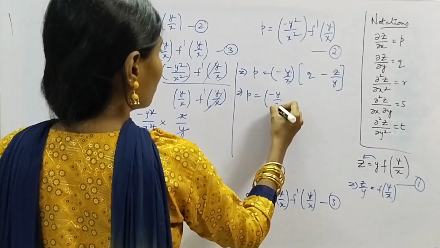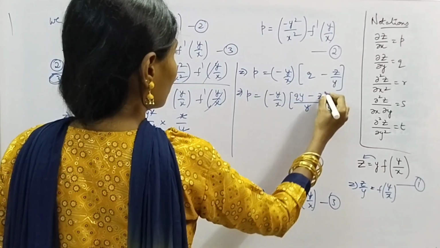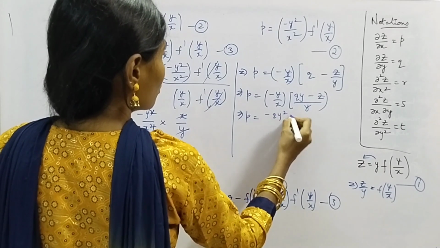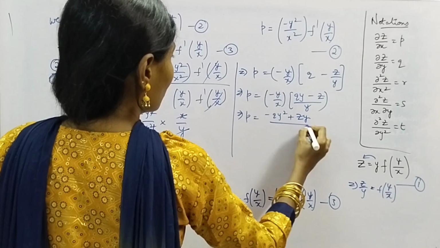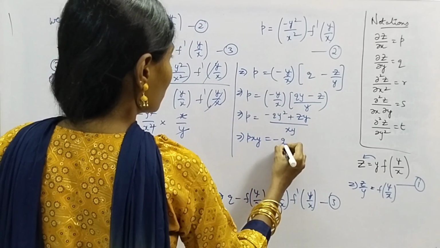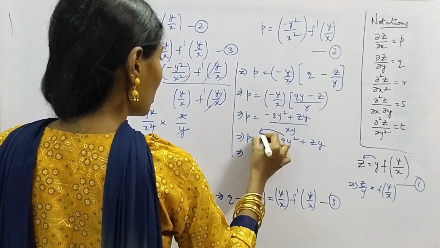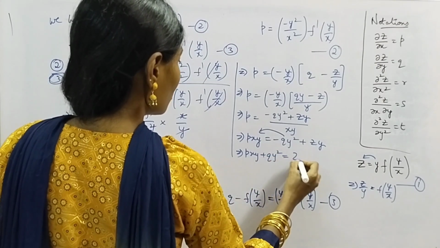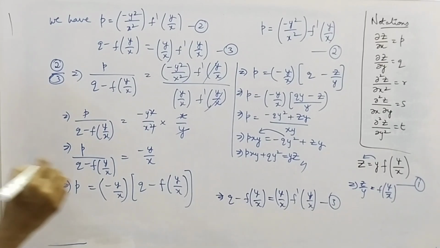This gives us pxy equal to minus qy square plus zy. Now bring this term to LHS, you'll get pxy plus qy square equal to zy, which is the required partial differential equation.